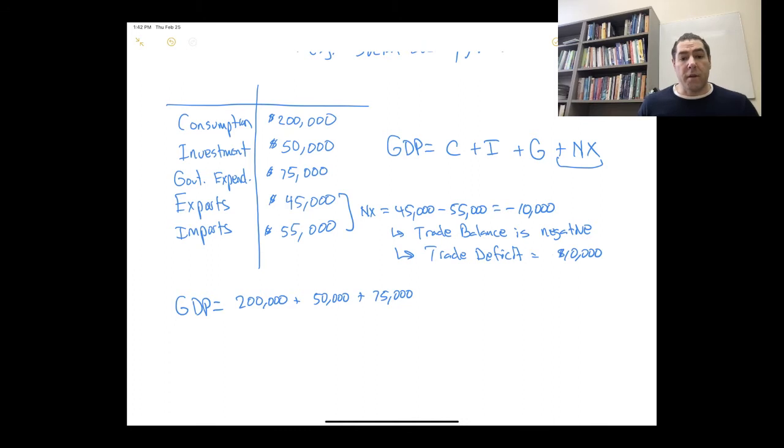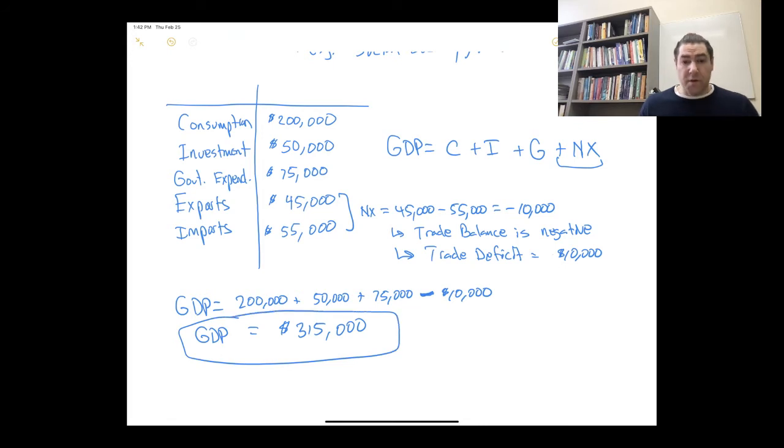So we've got 325,000 right there, minus, because it's negative, my net exports of 10,000. So that was 325 minus 10, 315,000 is my GDP. Okay, so that's pretty straightforward.